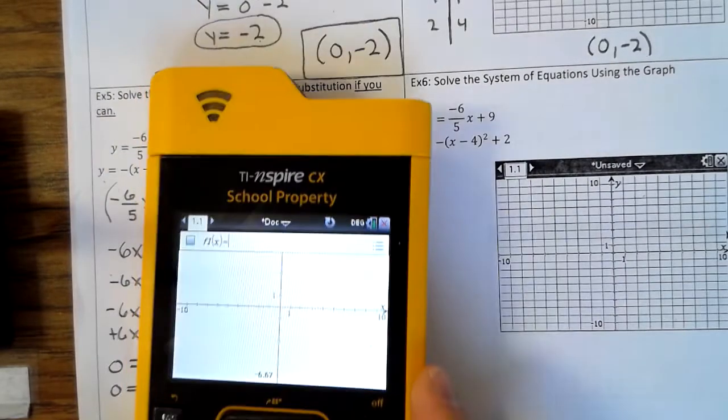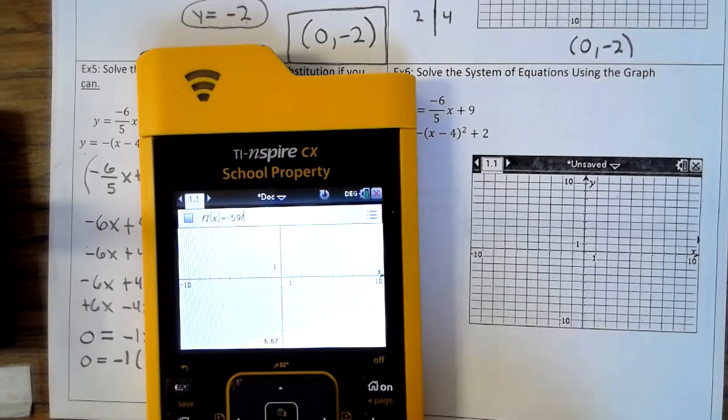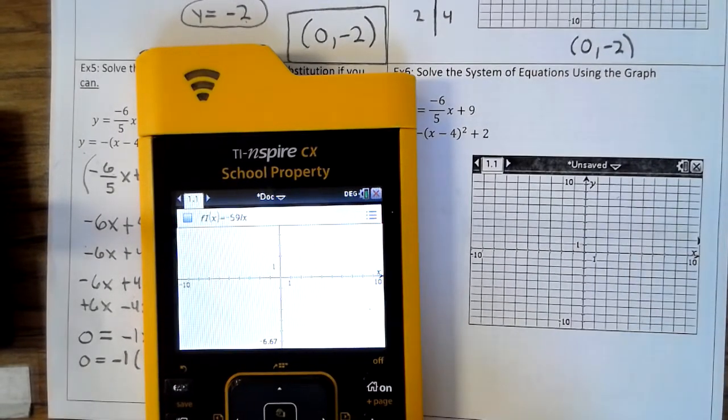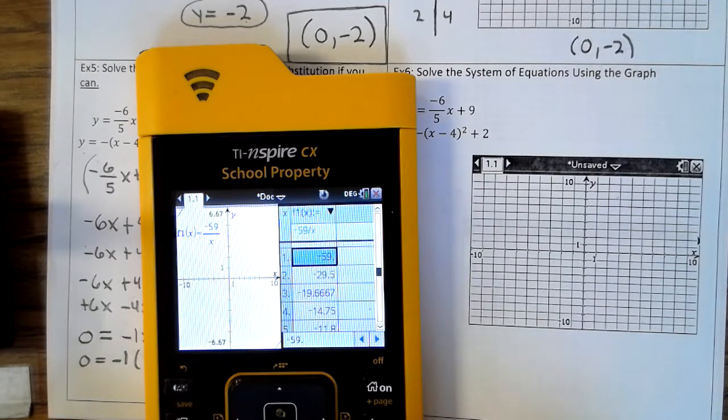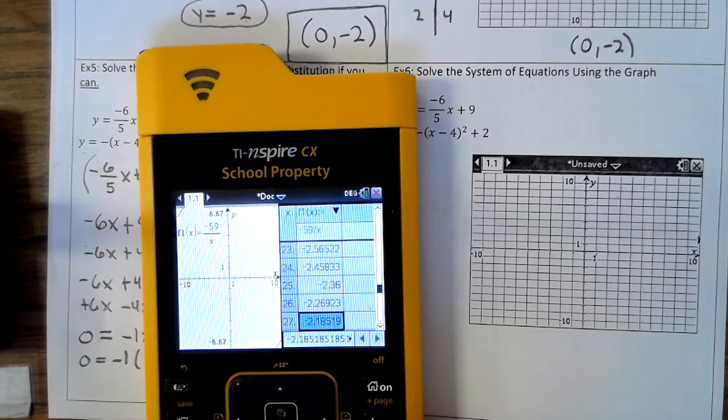One of the tricks I use to find factors quickly is I take -59 divided by x and press Control T, and you can see 1 and -59 works, 2 doesn't work, 3 doesn't, 4, 5, 6, and so on up through the 20s still not working.